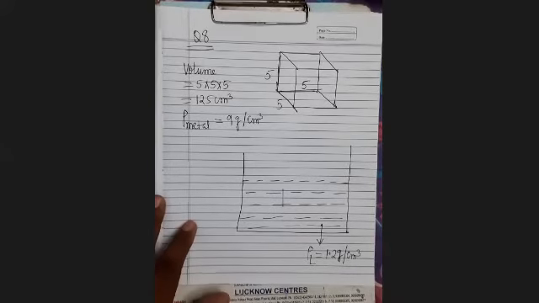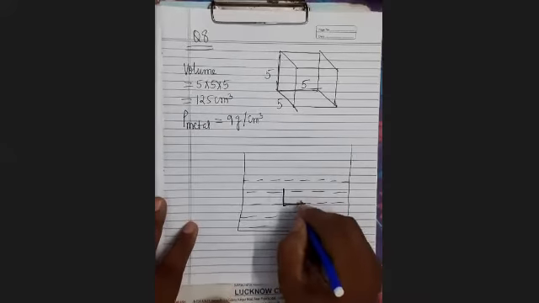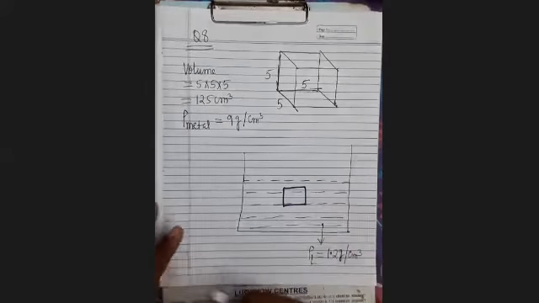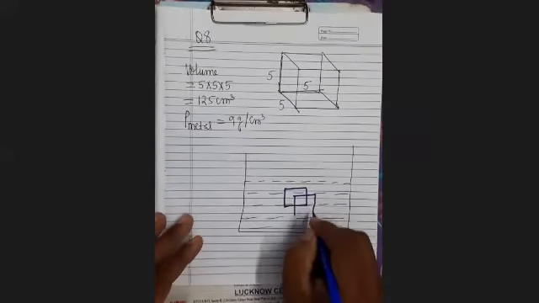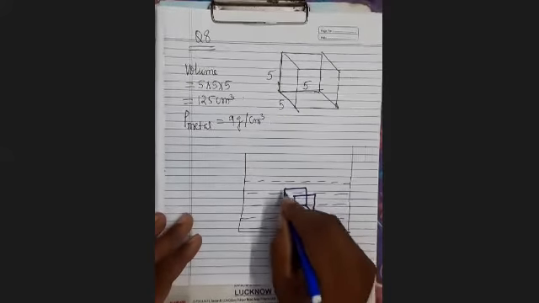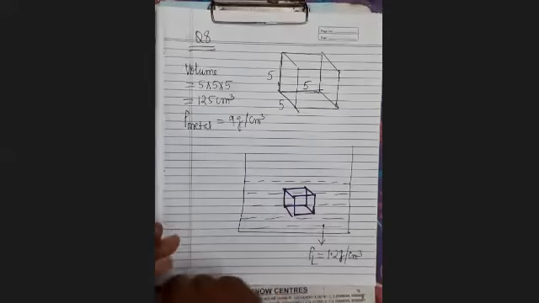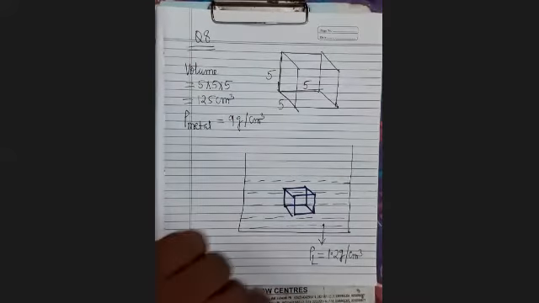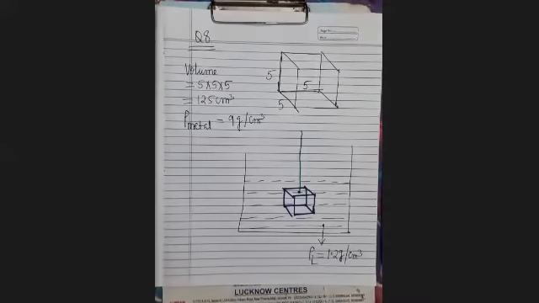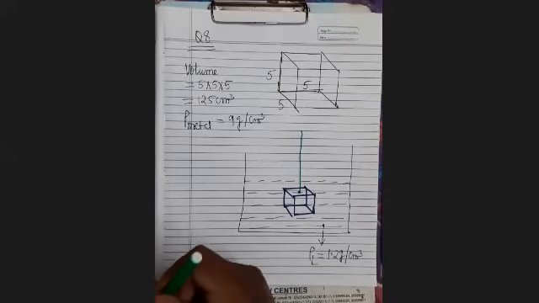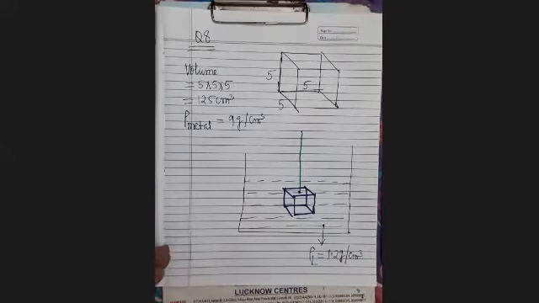You can see here, it is suspended inside with the help of thread. Here, this is the thread. It is clear. You have to find the tension in the thread.